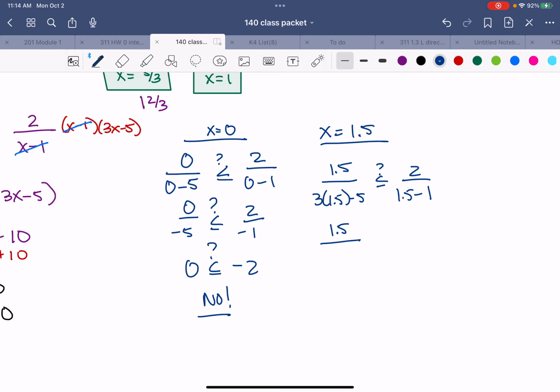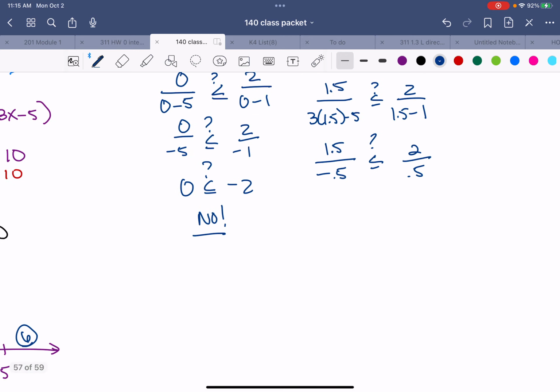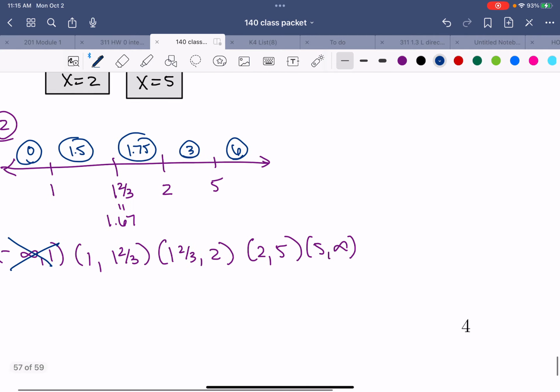Minus 5 is going to be negative 0.5. Is maybe less than 2 over 0.5. Use your calculator here. 1.5 over negative 0.5 is going to be negative 3. Maybe less than 2 over 0.5 is going to be 4. That's a yes. Negative 3 is less than or equal to 4. So we're keeping the second one.